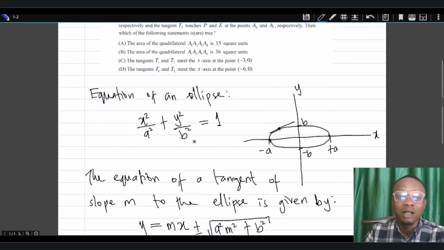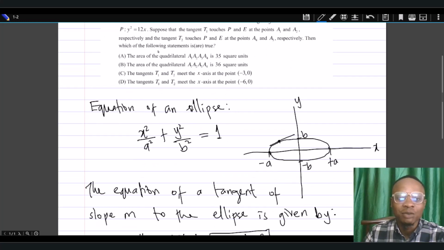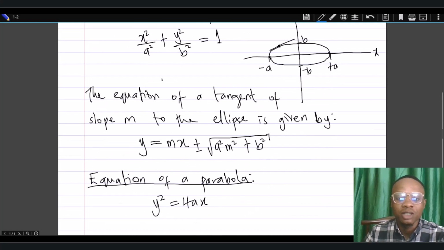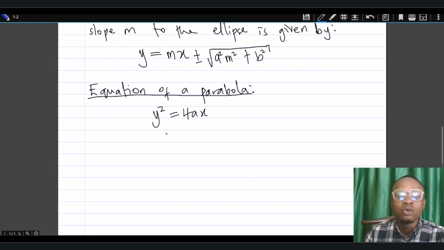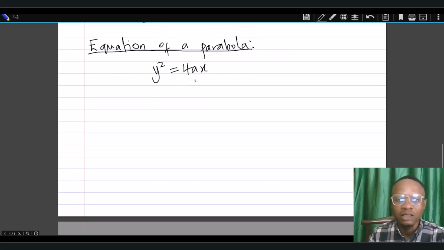That is actually the form that we're given here. Although we don't have a here, we can of course write it in this format so that we can get a. So what is the meaning of this, and what will the parabola defined by this equation look like? So we know that this is the parabola.